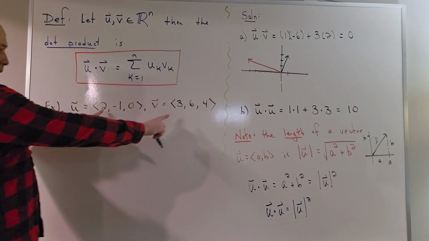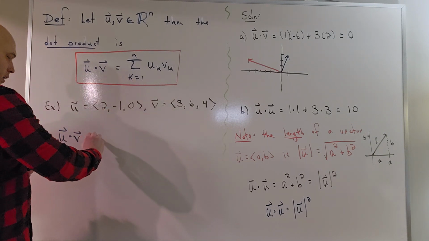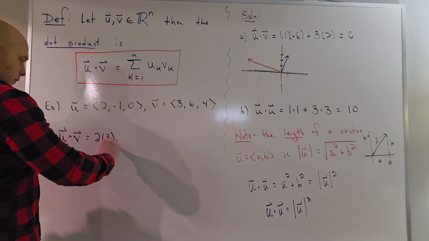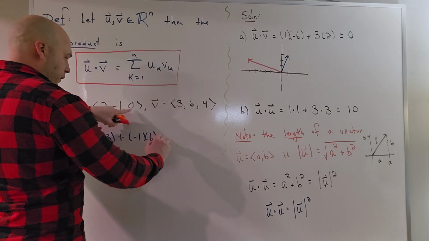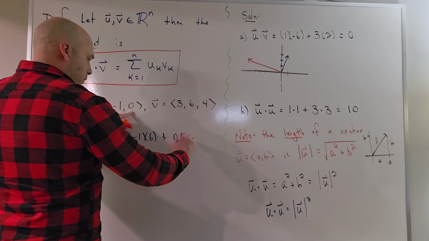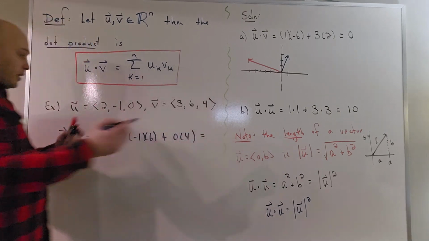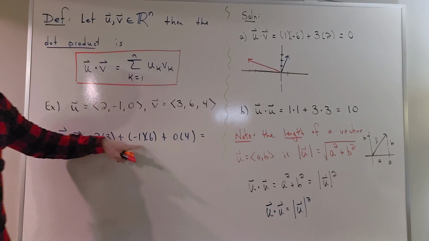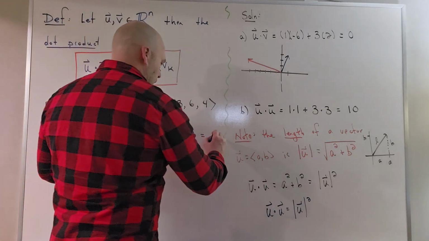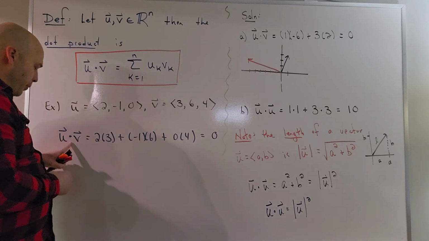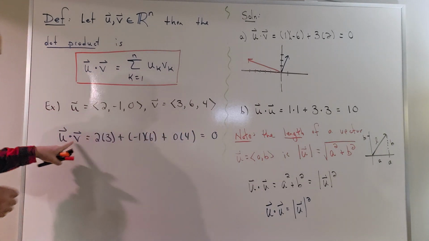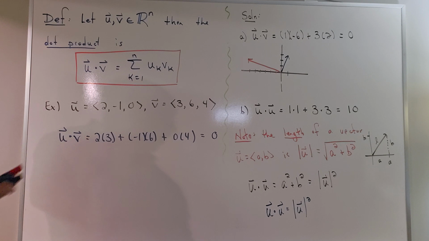In other words, I'd multiply the first components, so 2 times 3, plus -1 times 6, plus 0 times 4, and then compute that. So I get 6 minus 6 plus 0, which gives me 0. And just like in the 2-dimensional case, if the dot product is 0, then these vectors are, in fact, orthogonal.